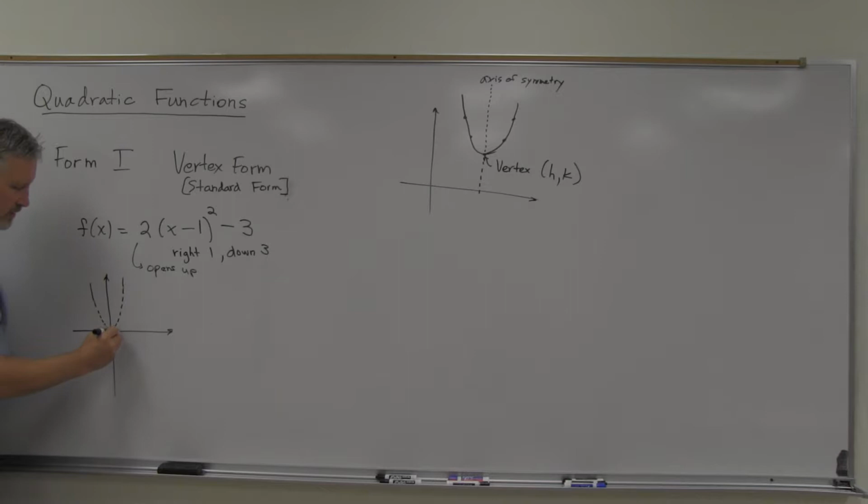And if I go right 1 and then down 3, that's going to put my vertex where? Right 1 and down 3, so my vertex here is (1, -3), right?